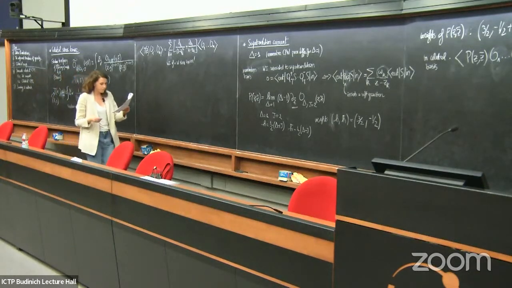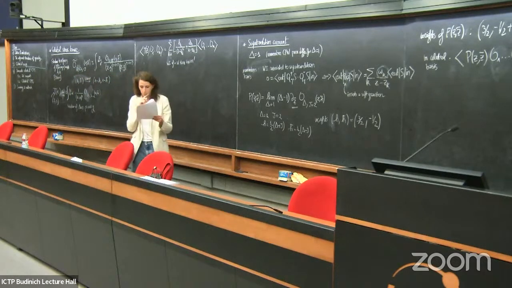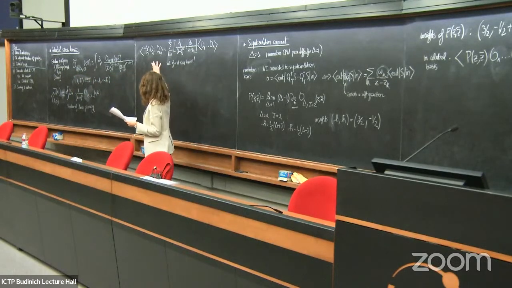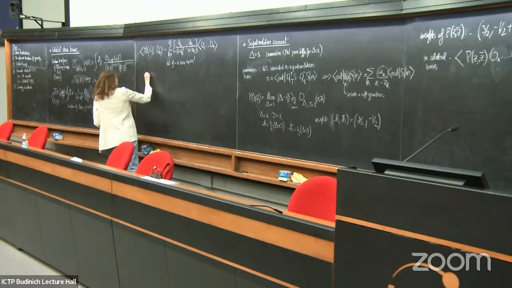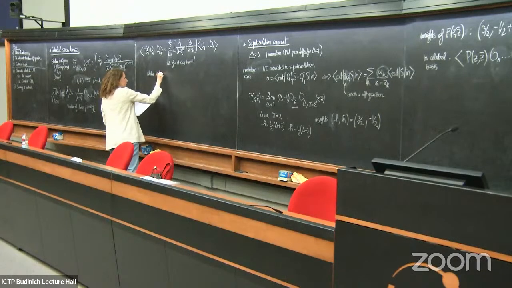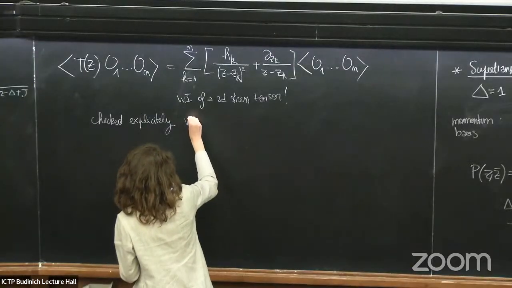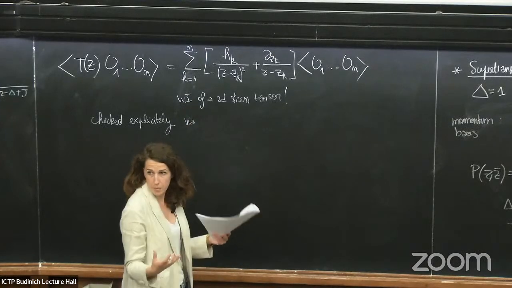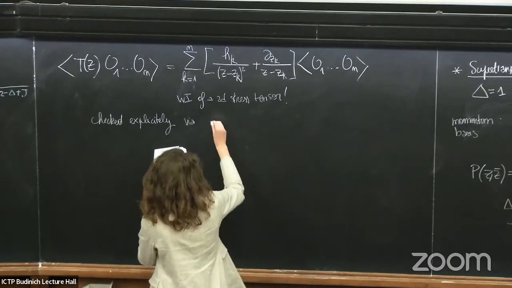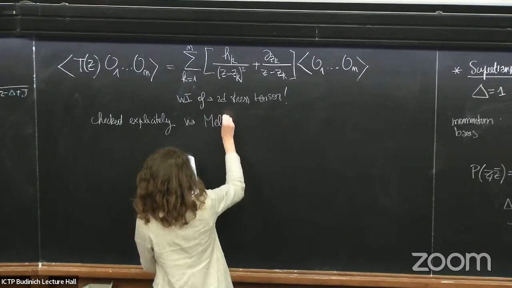They checked this formula explicitly, by brute force: you start with the momentum basis amplitude, and then you do a bunch of Mellin transforms.